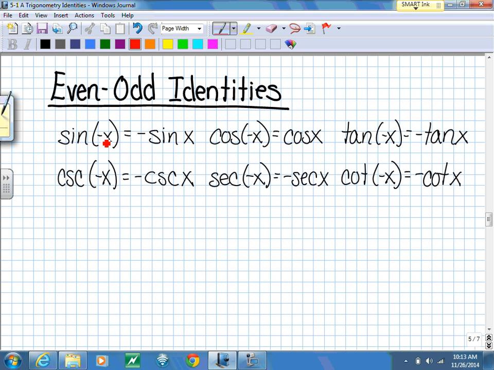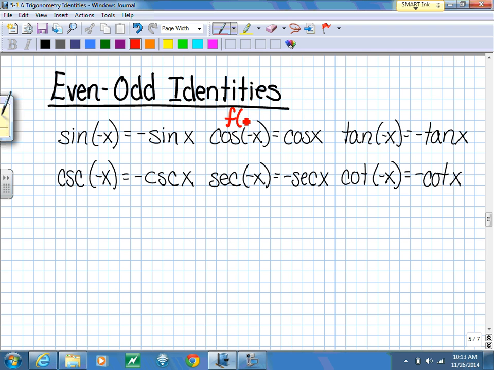So the sine of negative x: our sine function is an odd function, so when I put a negative in, that gives me negative sine of x. Cosine is even, so cosine of negative x equals cosine of x, because it stays the same.